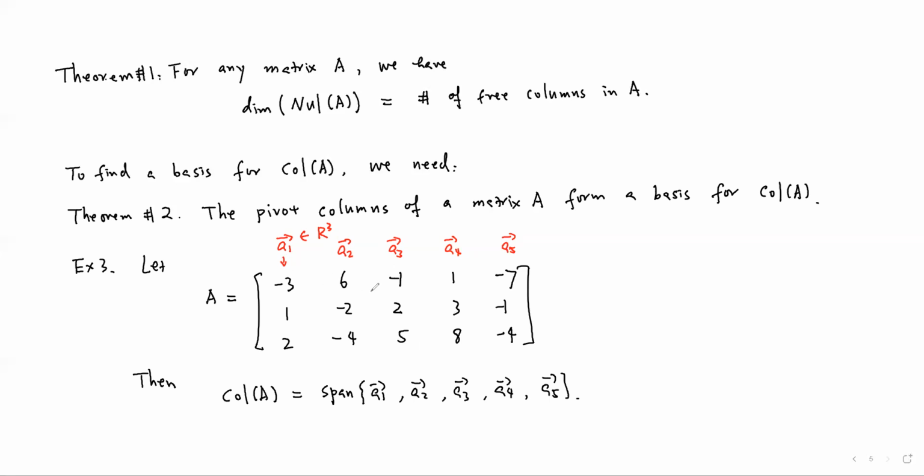We have 5 columns. How to know which column is a pivot column? The only way to know is to reduce the matrix to echelon form. Okay, now let me reduce matrix A to echelon form to determine pivot columns.